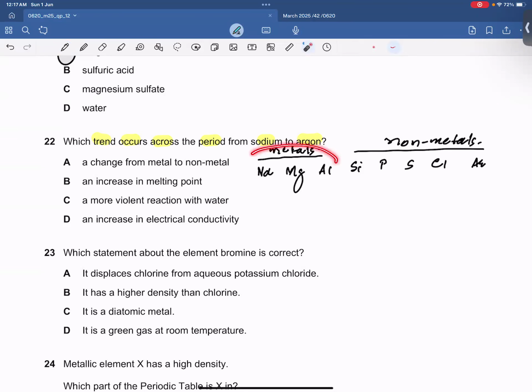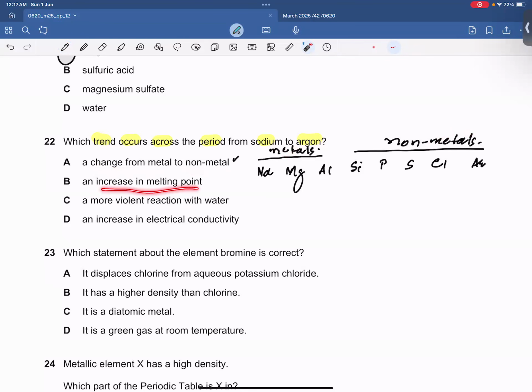These metals conduct electricity because of the presence of free mobile electrons. These non-metals cannot conduct electricity because of the absence of free mobile electrons. A change from metal to non-metal, that's true. So option A could be the right answer, but we need to discuss other options also.